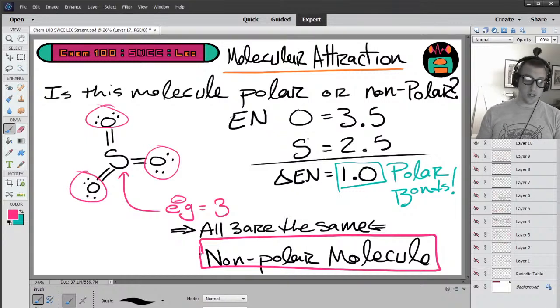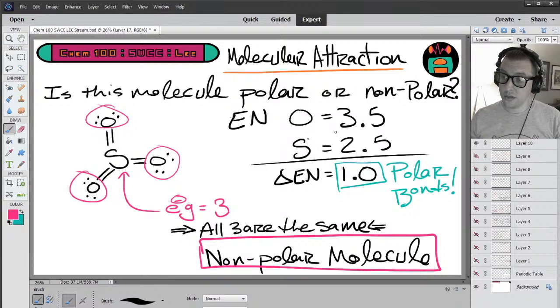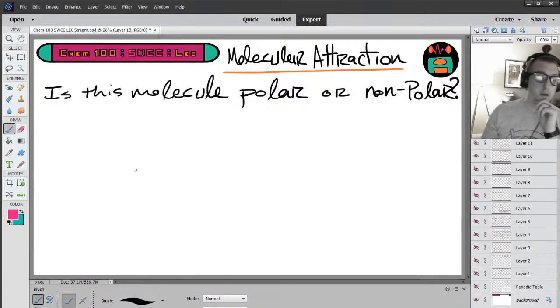All right, non-polar molecule because all 3 are the same. Let's do another trigonal planar example. Polar or non-polar? Let's look at formaldehyde.